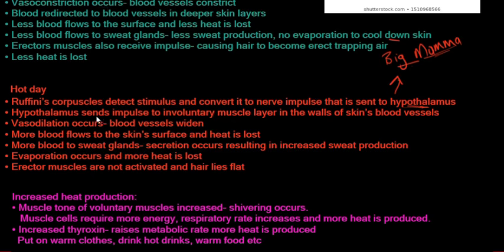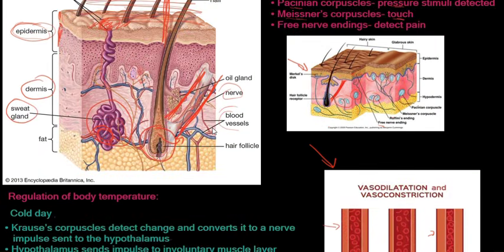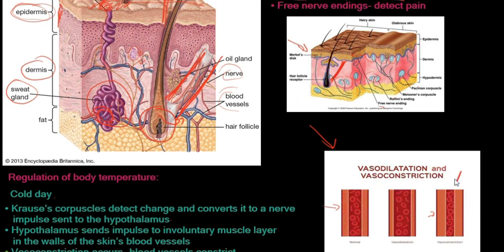The hypothalamus then sends an impulse to the involuntary muscle layer in the walls of the skin's blood vessels. So vasodilation occurs, and the blood vessels widen. More blood flows to the skin surface and heat is lost. It's just the opposite of vasoconstriction, which we see here. With vasodilation, this is a normal blood vessel, but look how much more open the blood vessel becomes.